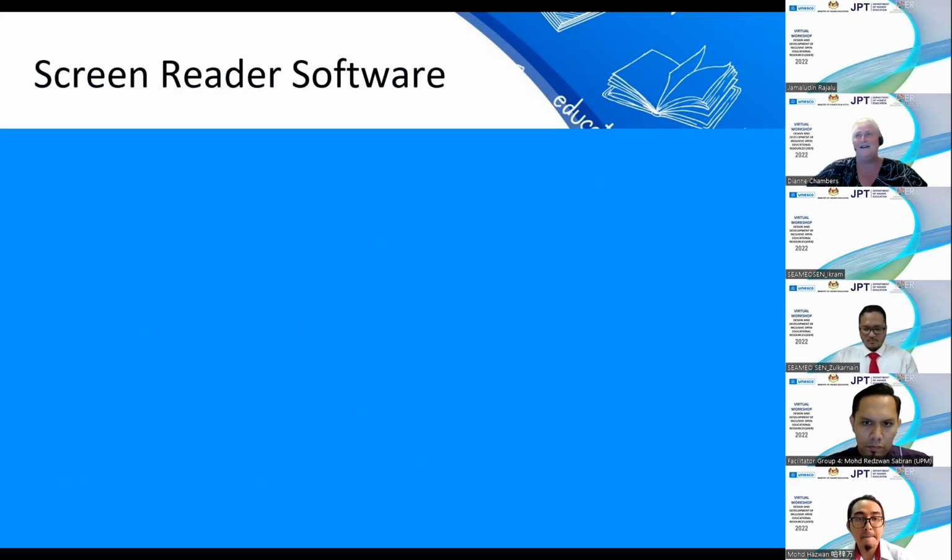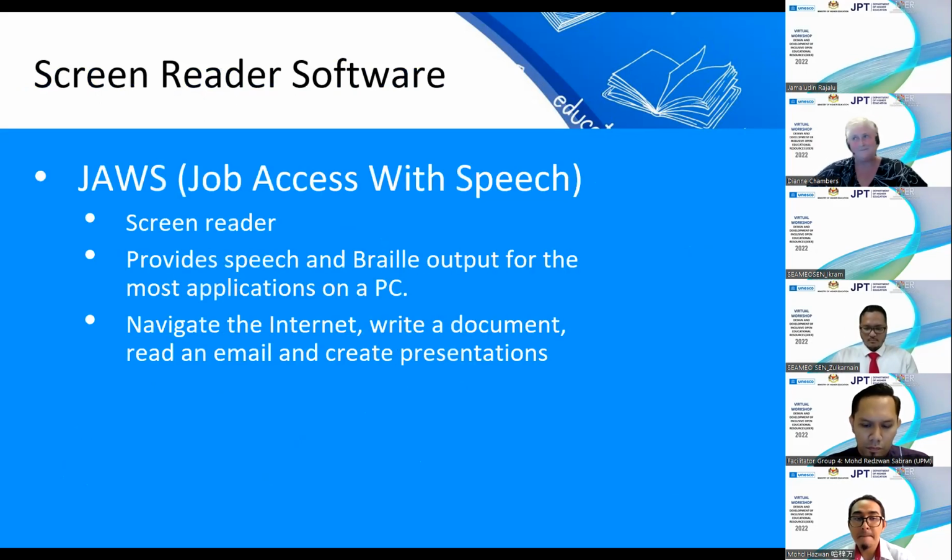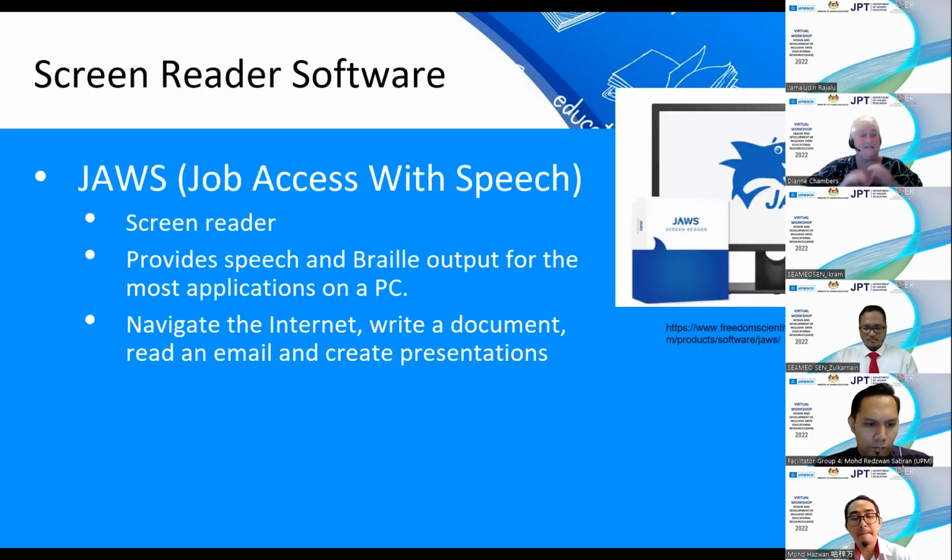And then you've got things like screen reader software. Screen reader software is particularly used for students with vision impairment, but also students who find reading very difficult. JAWS is one of the most common ones for students with vision impairment, but you also might come across DAISY. DAISY Reader is another screen reader.